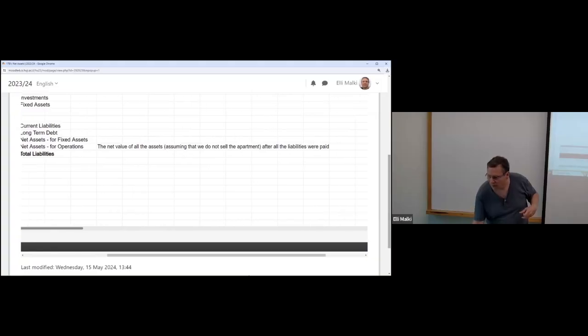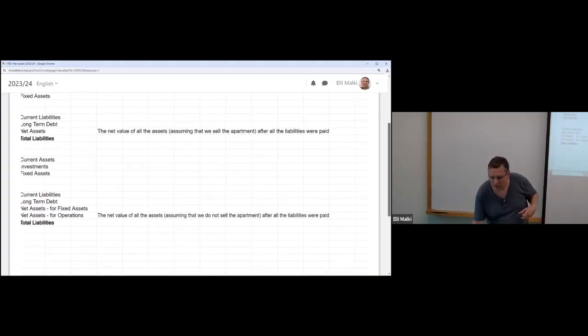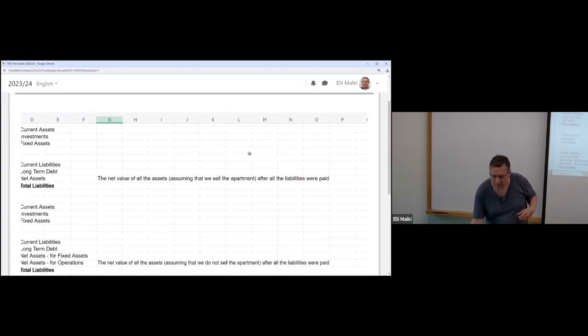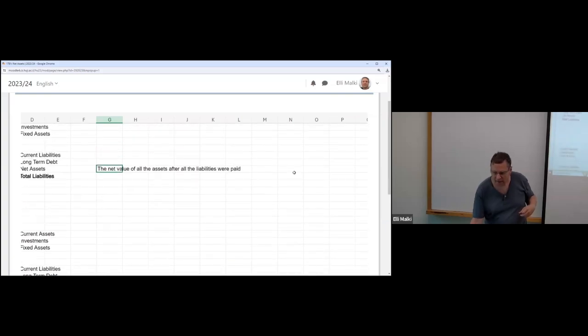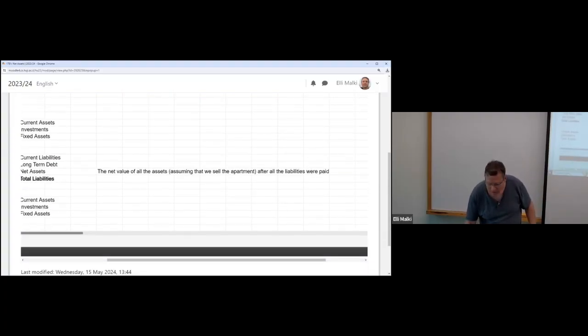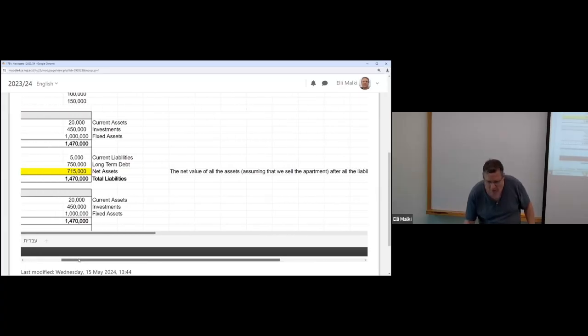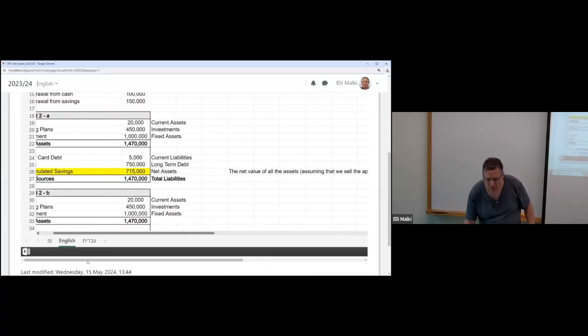Move it a little bit so we can see the net value of, it's not this line, it's this line. The net value of all the assets after all the liabilities were paid. So basically, let me again return to the numbers, so we are in this table.